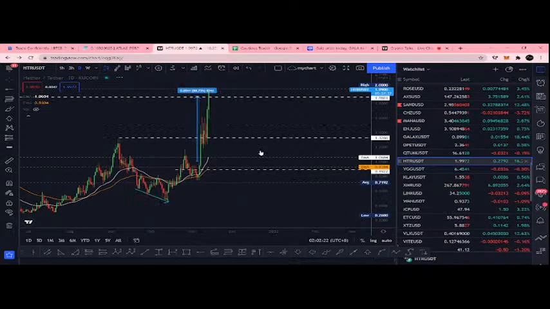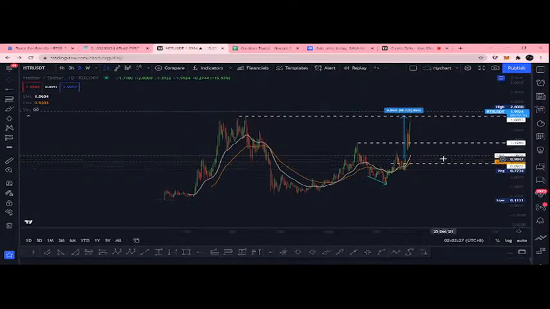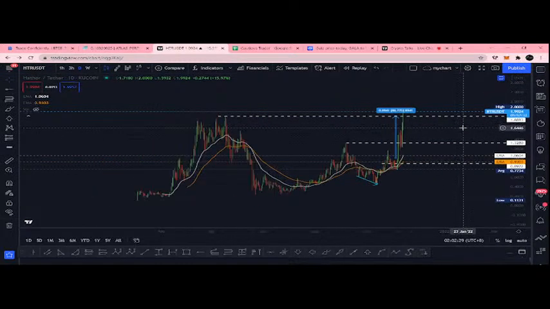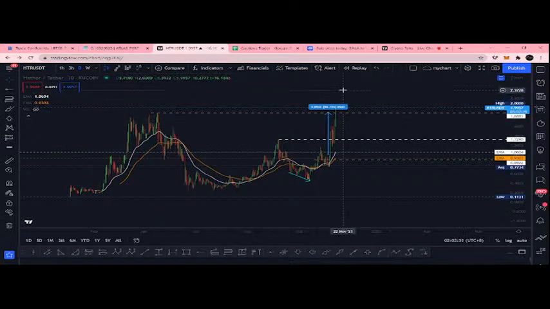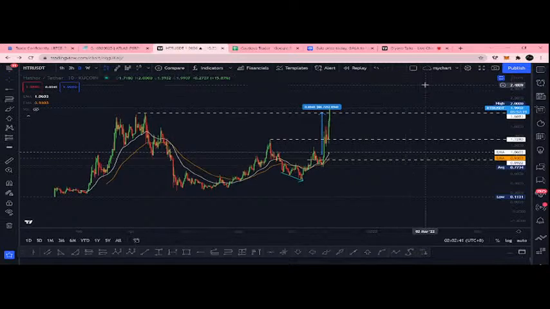Hatter, this one. I don't know if we have discussed this one before. I just remember it, but I did not trade it, and it's already created a new all-time high.